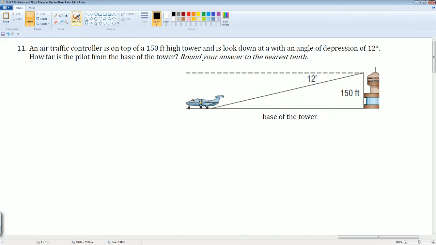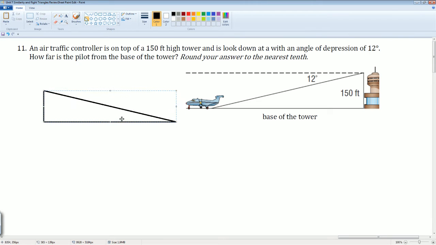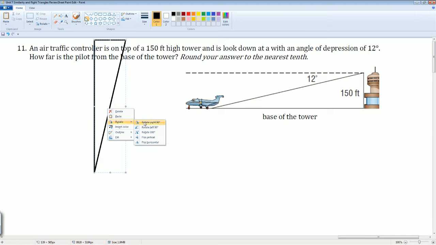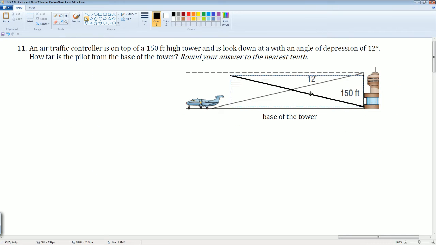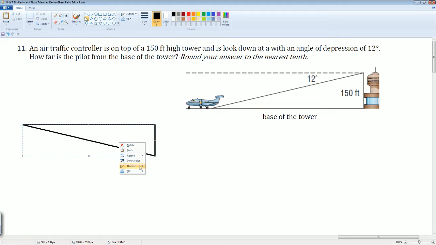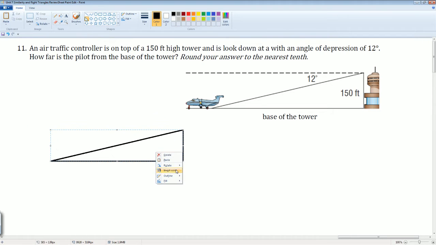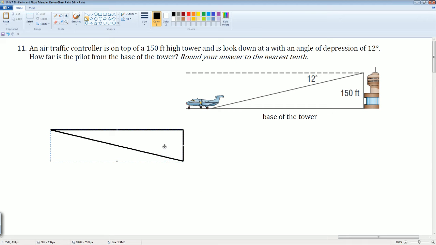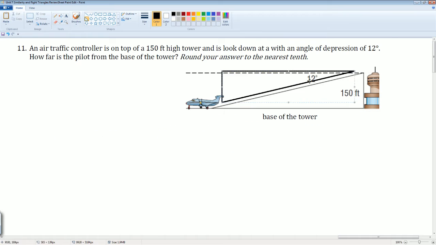So we set up the triangle. The triangle should look something like this. If you don't believe me, I can write this for you. Not quite, so let me flip this again. Right, perfect. Do you see how it matches there?